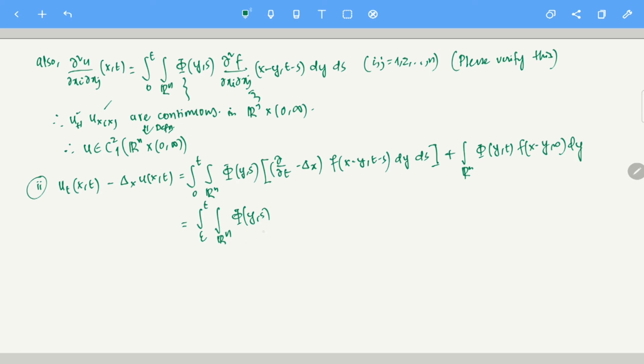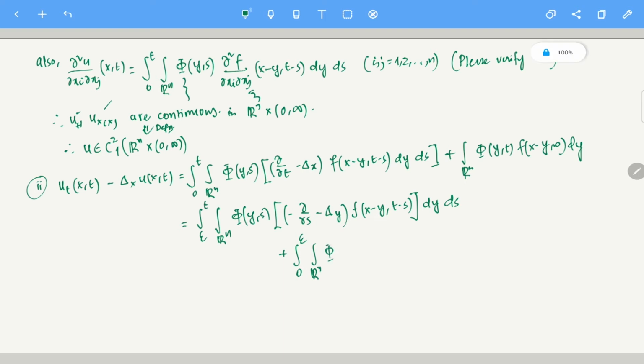I will do another change of variable here. So I will write it like this: minus del s minus Delta y of f(x minus y, t minus s) dy ds.